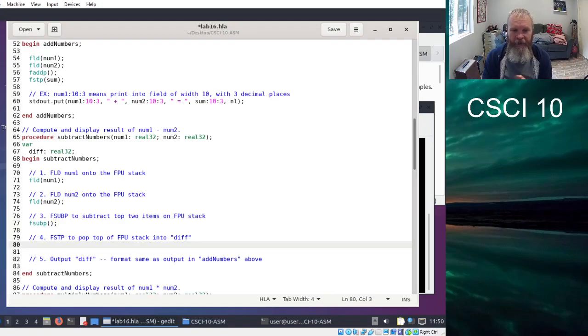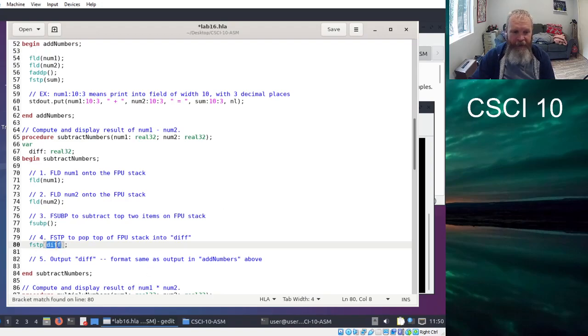Now we need an instruction to get the answer off the stack and into our diff variable. Yep, so we will pop the top of the floating point stack into our diff variable.